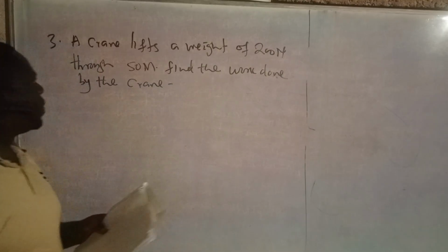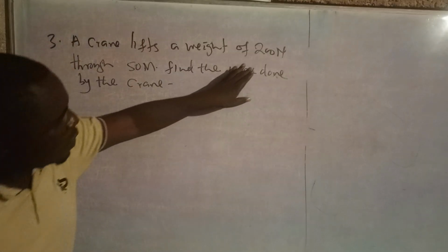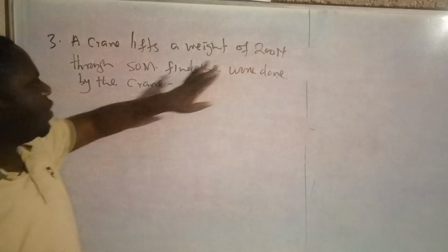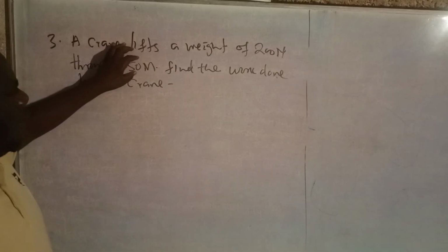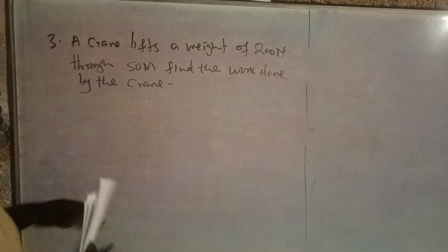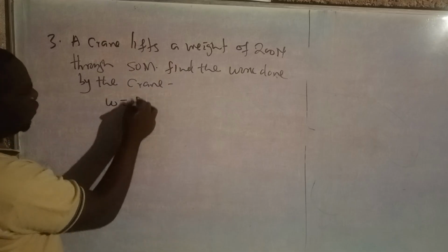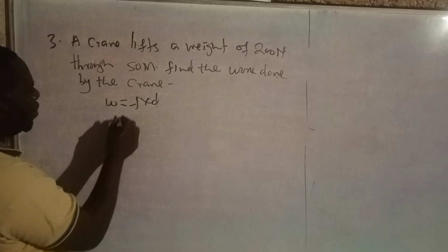Okay, so a crane lifts a weight of 200 newtons through 50 meters height. Find the work done by the crane. We know that work is equal to force times the distance.